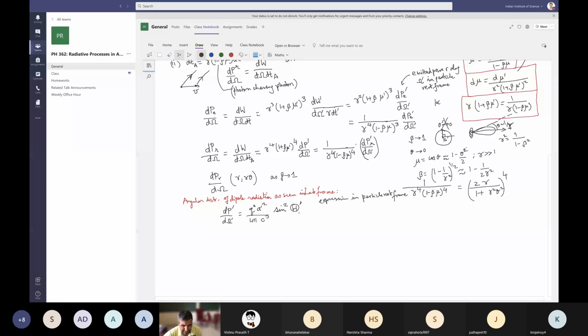Okay. Now, what is this theta prime? If you recall, this is the angle between the acceleration and n hat prime, the angle between the acceleration vector and the direction of the photon that you're considering. Okay. So let's draw a situation. What does it become? dP by d omega.